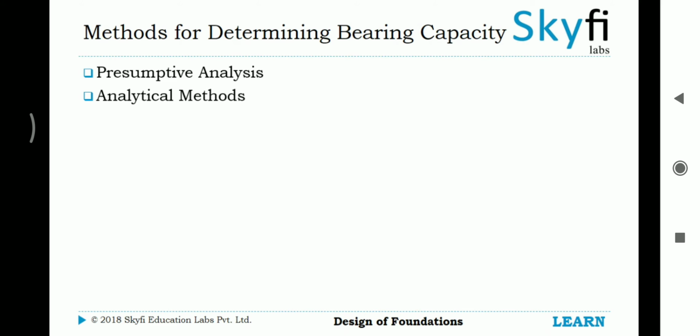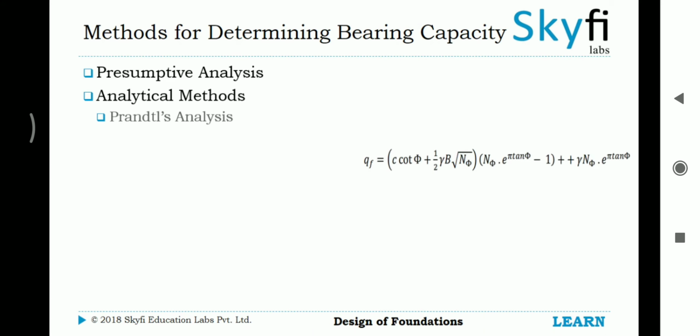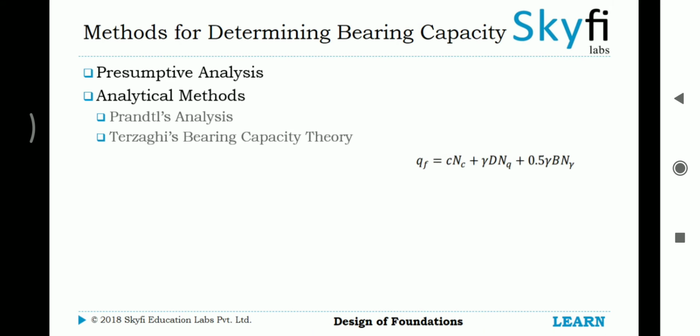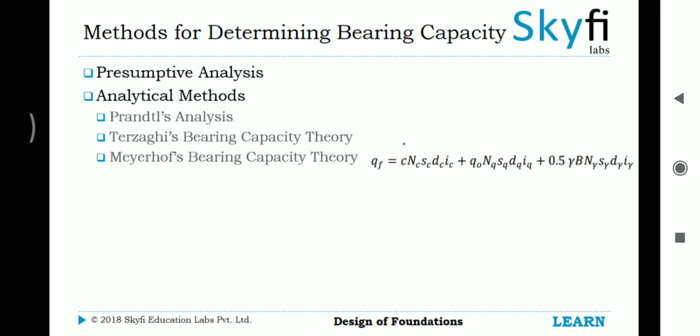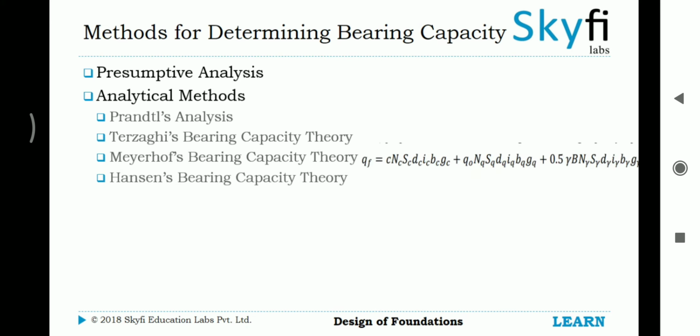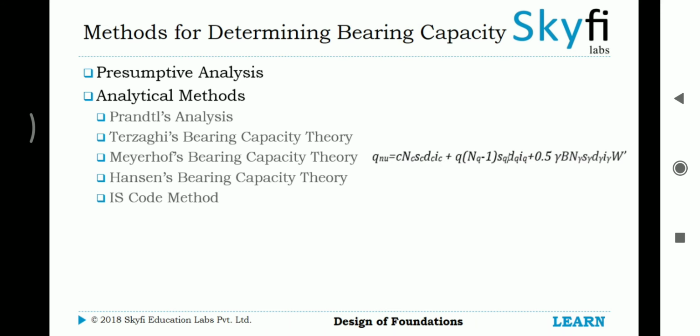These analyses are carried out by studying the properties of the soil grains, like cohesion, friction, angle of shearing resistance, internal stresses, etc. Some of the important analytical methods are Prandtl's analysis, Terzaghi's bearing capacity theory, Meyerhof's bearing capacity theory, Hansen's bearing capacity theory, and the IS code method, in which the IS 6403-1981 gives this equation for the net ultimate bearing capacity.